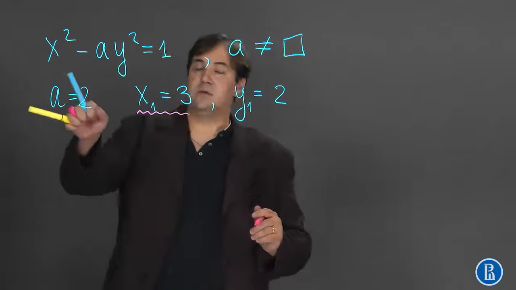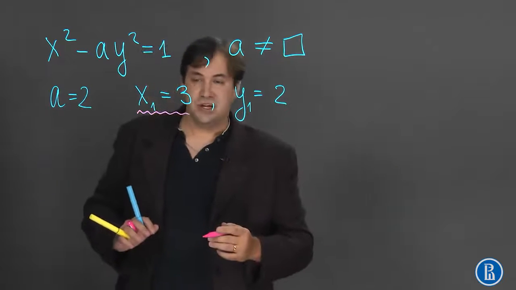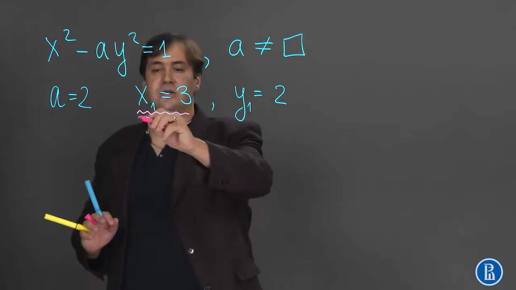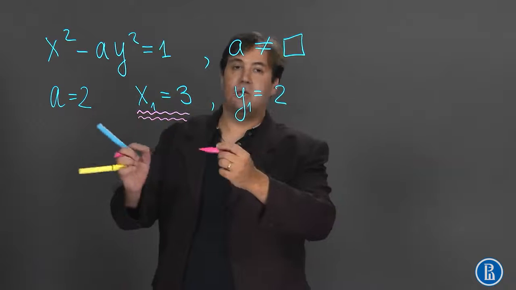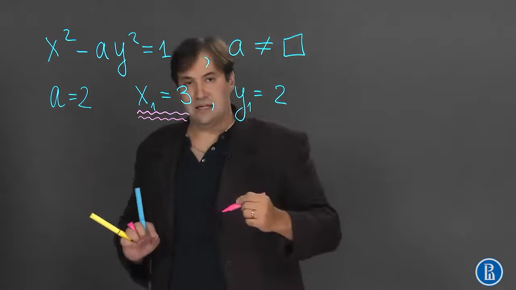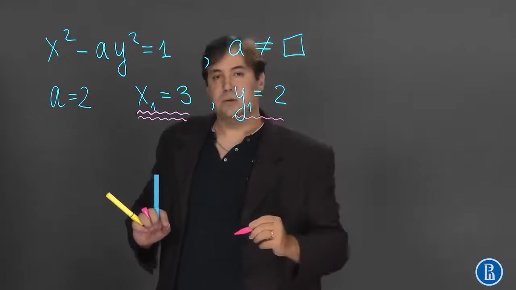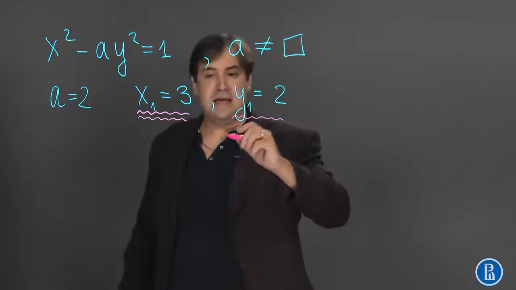And if x is equal to 2, then y is not an integer. So this is the least integer solution of this equation. And corresponding to x1, we have y1, which is the least possible value of y.